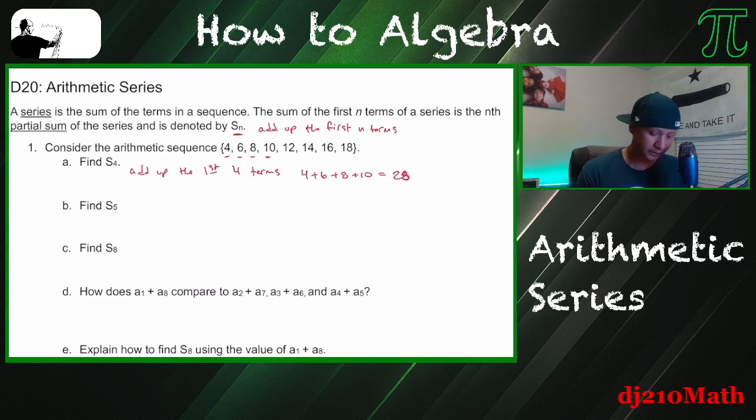All right, what would the first 5 terms add up to? This would be 4 plus 6 plus 8 plus 10 plus 12. So 28 plus 12 essentially, which is going to be 40.